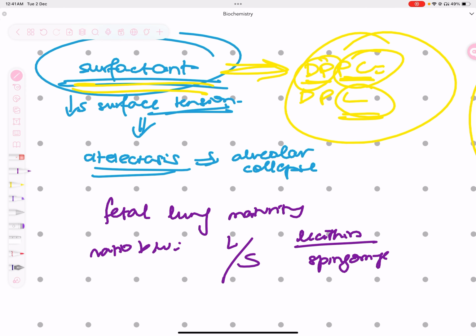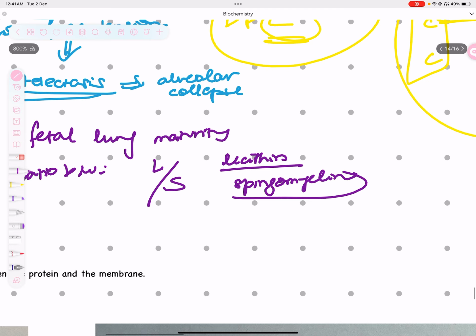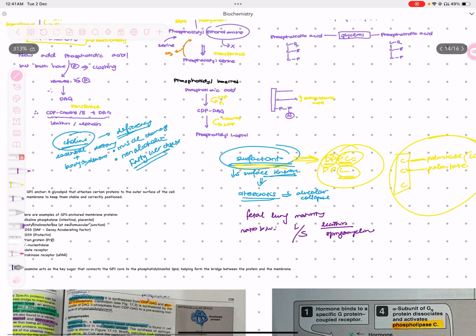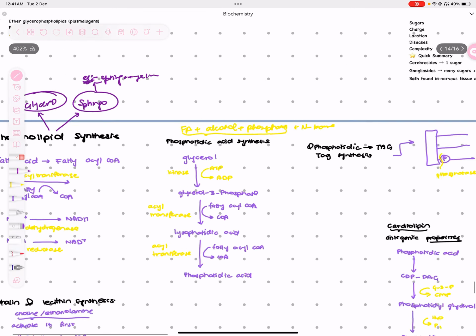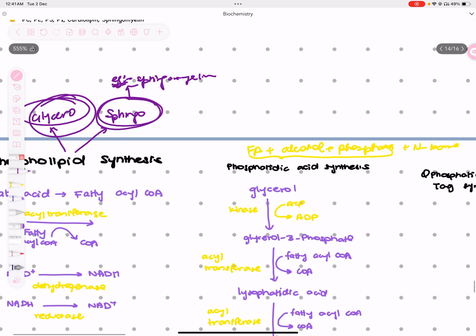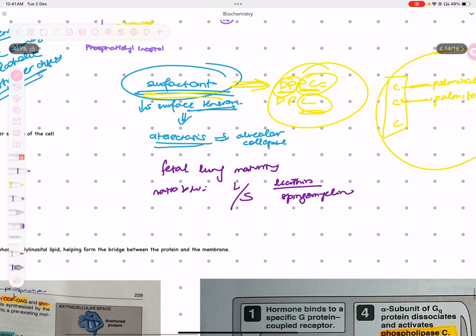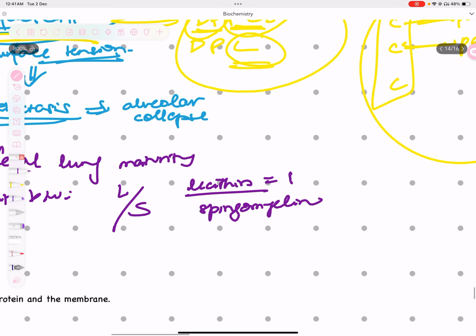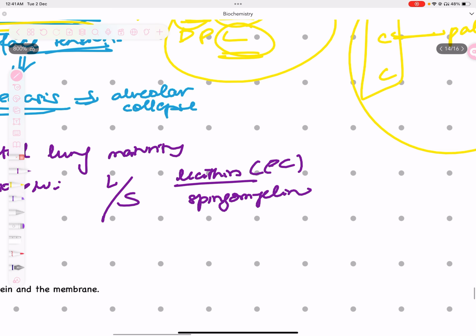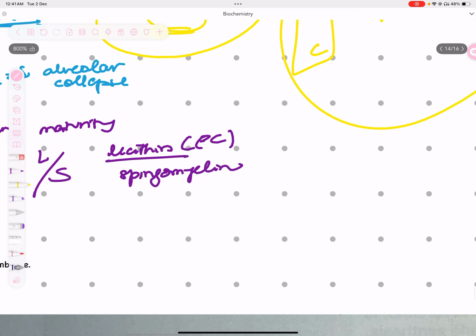Okay. Now, before you question me about sphingomyelin, so remember when we were studying phospholipids classification, so I told you there's sphingophospholipid and there's glycerophospholipid. तो sphingophospholipid में you have sphingomyelin और glycerophospholipid में हमारे पास lecithin है जो हमने अभी भी पढ़ा है, which is phosphatidylcholine है ना. तो इन दोनों का जब रेशियो लेंगे, so that will tell you about the lung maturity.